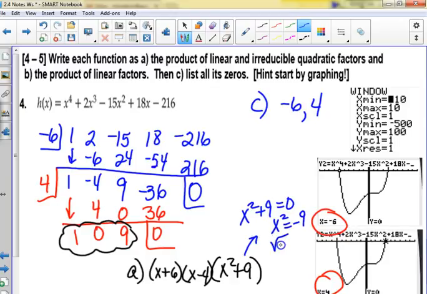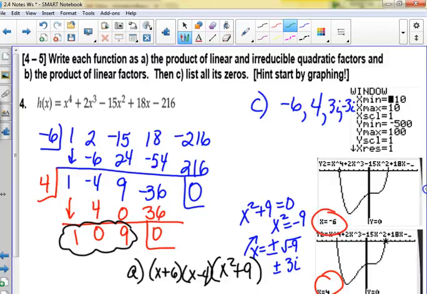When we square root both sides, we get plus or minus the square root of negative 9, which is 3i. So the zeros are negative 6, positive 4, 3i, and negative 3i, which you could just list as plus or minus. I'm fine with that.